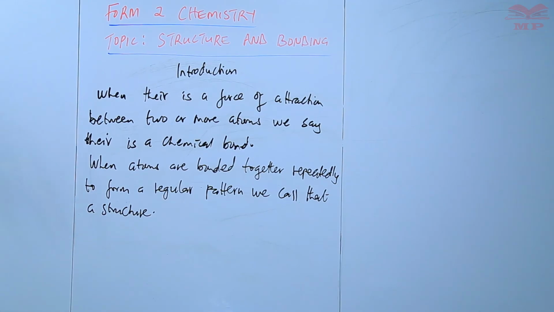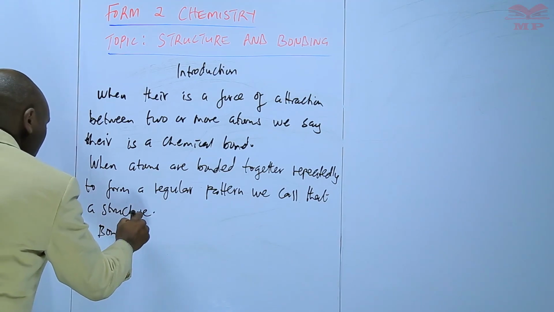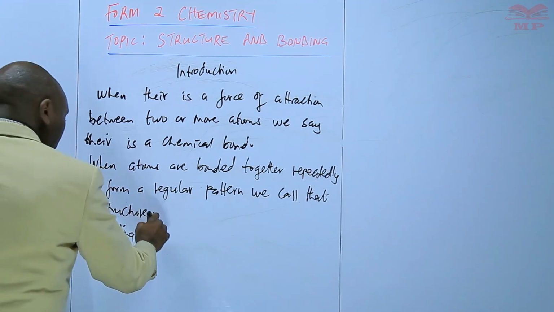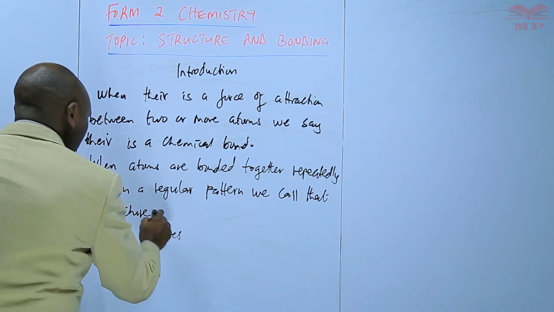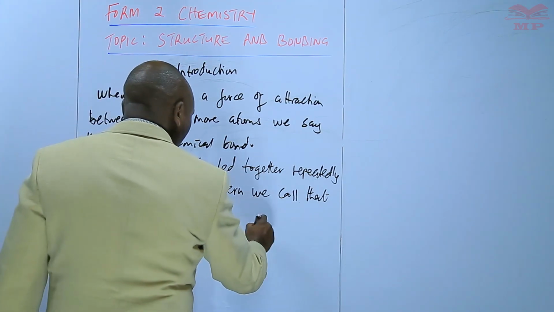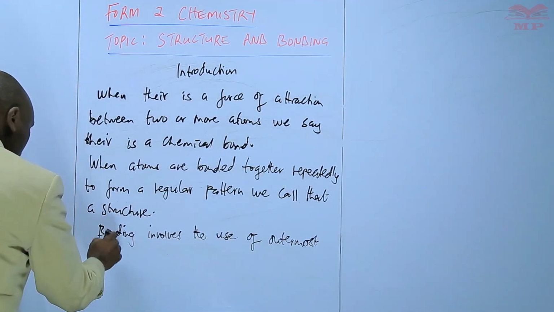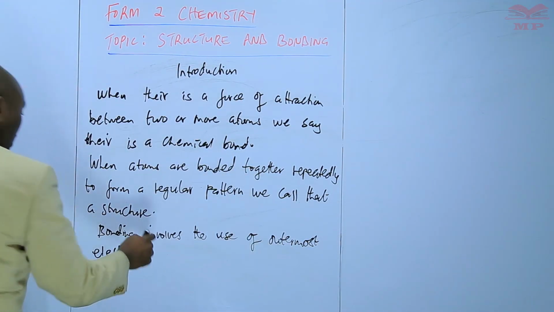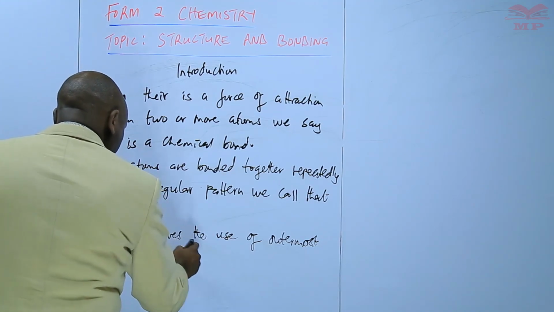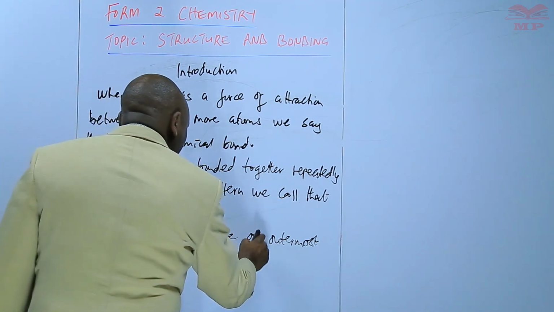Now, we have also said that bonding involves the use of outermost electrons, also called valence electrons.